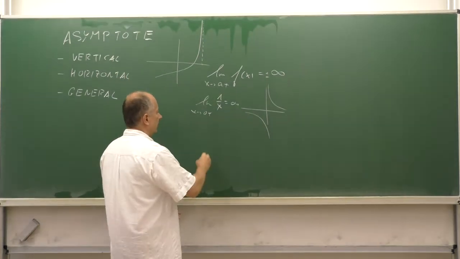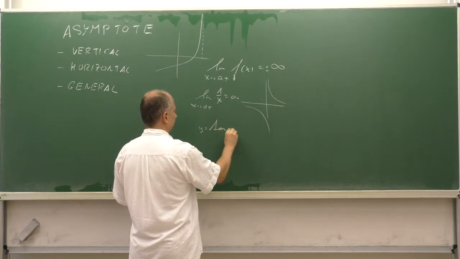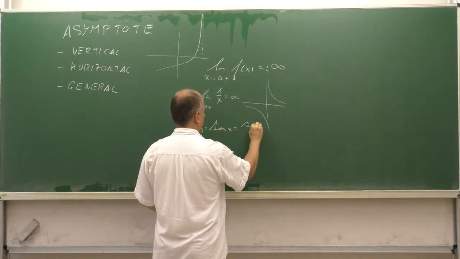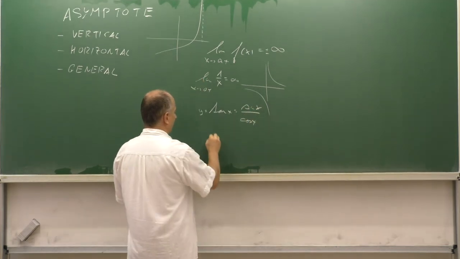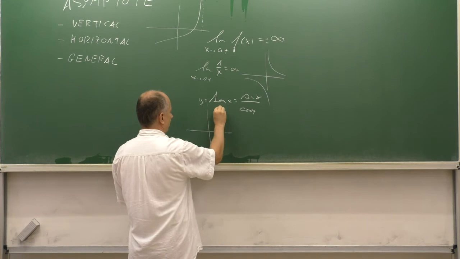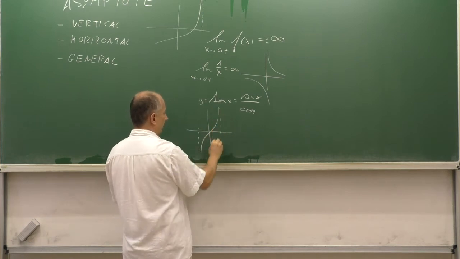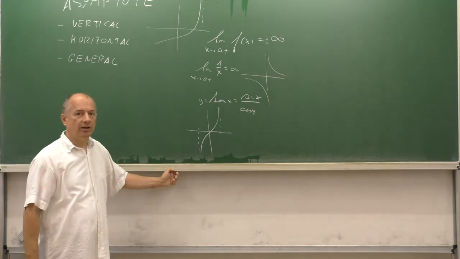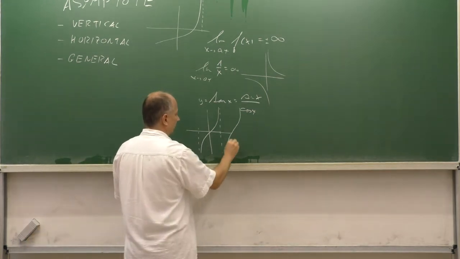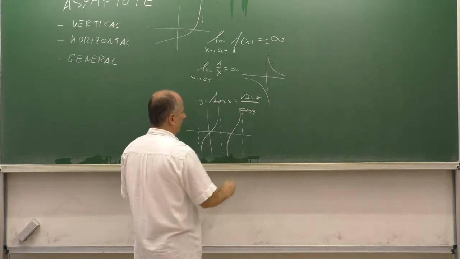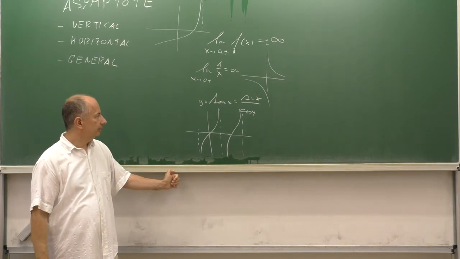Another example is tangent, which is sine of x divided by cosine of x. Tangent looks like that. At minus pi half and pi half, it has again a vertical asymptote, and similarly at the other x values, because the function is periodic with period pi.